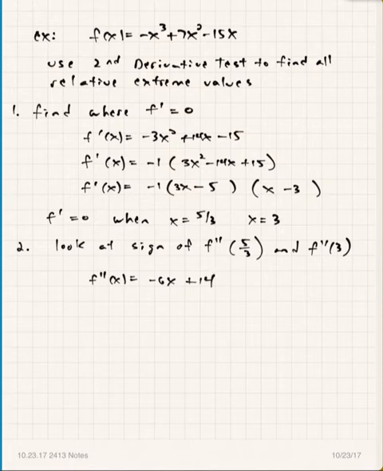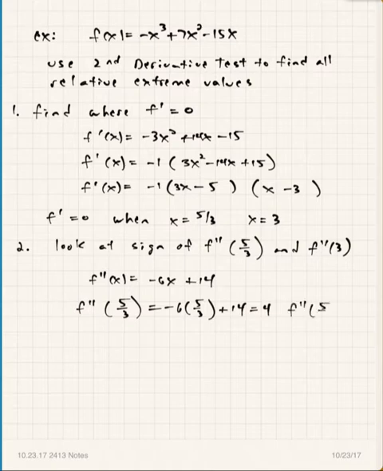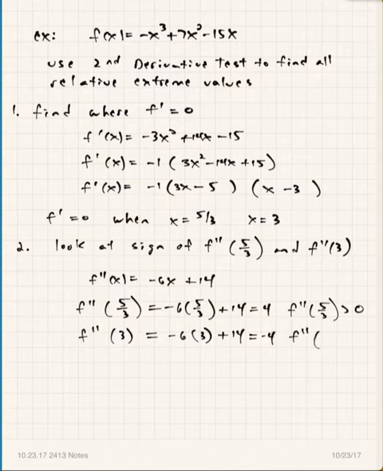And so then we look at f double prime at 5/3, which would be negative 6 times 5/3 plus 14. Negative 6 times 5/3 is negative 10, so this ends up giving you 4. So f double prime at 5/3 is positive. F double prime at 3 is negative 6 times 3 plus 14. So it's negative 18 plus 14, or negative 4. And so you have f double prime at 3 is negative.